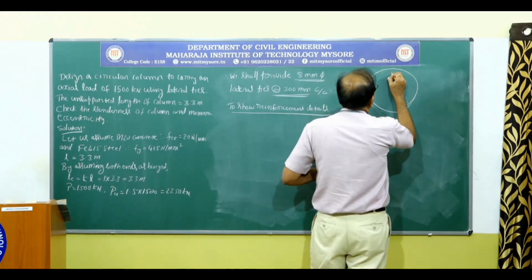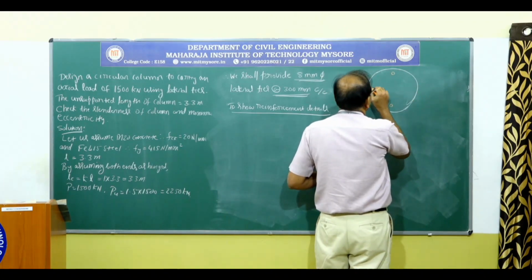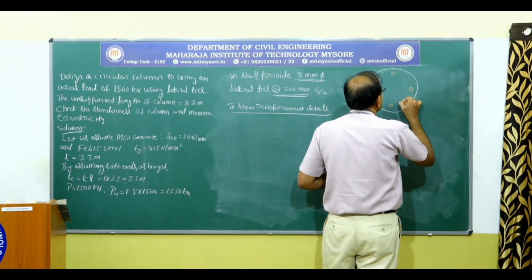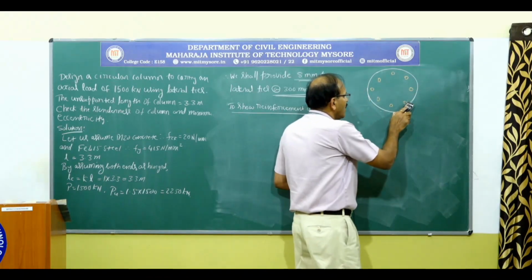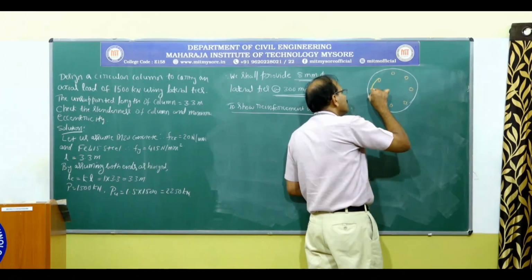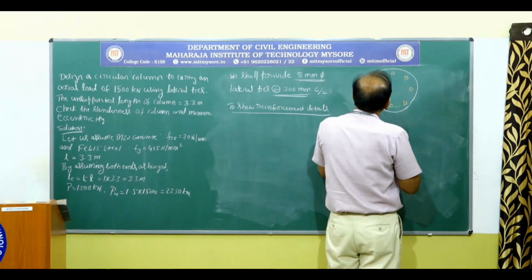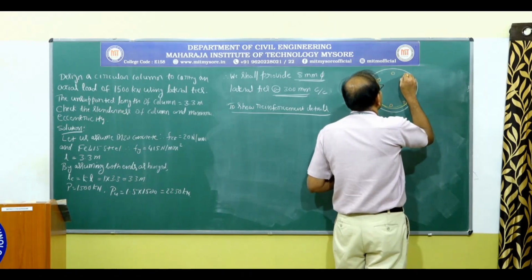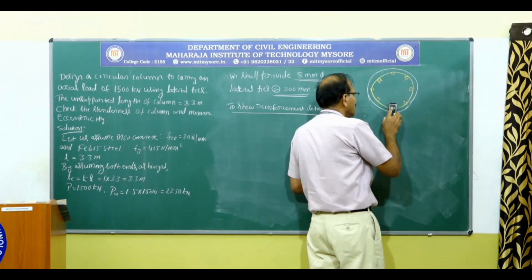So we have 8 bars of 25 millimeter dia. Okay, and we are going to put lateral ties of diameter 8 millimeter all around.